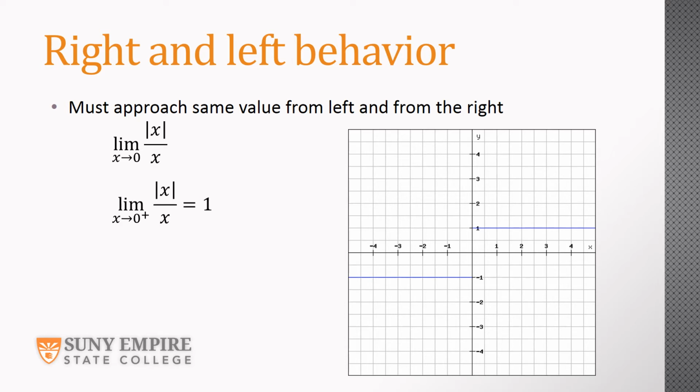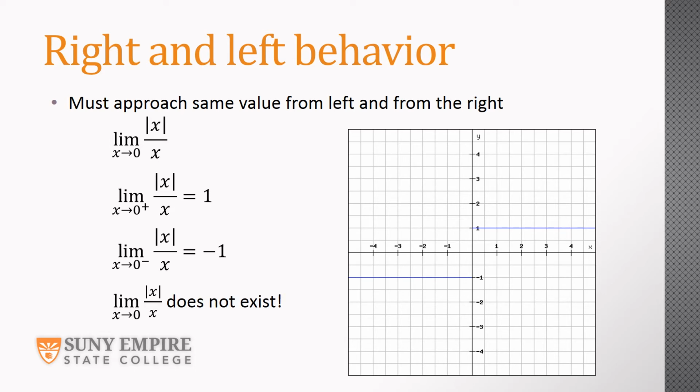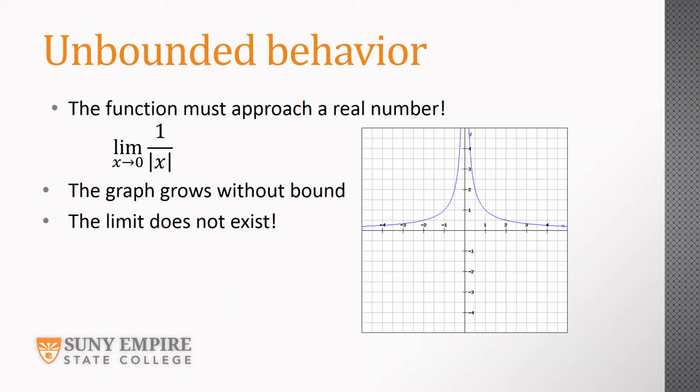So the limit from the right, the positive side, is equal to positive 1. The limit from the left, the negative side, is negative 1. Because the function converges on different values from the left and the right, the limit as x approaches 0 of the absolute value of x divided by x does not exist.